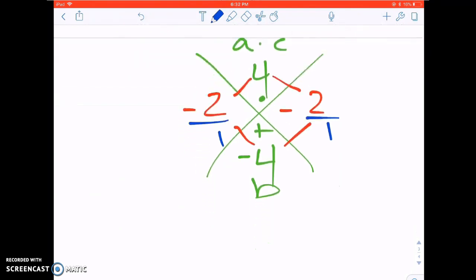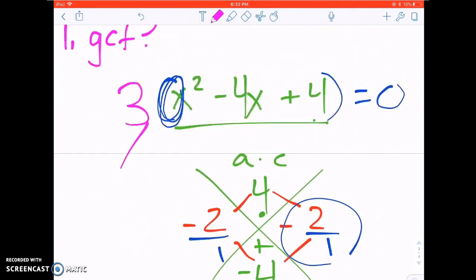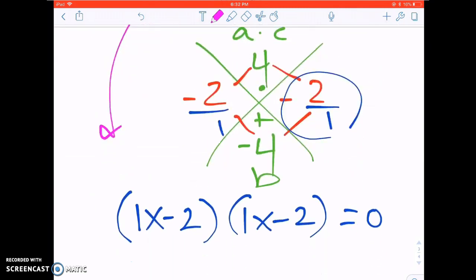And so our solutions here are going to be, bottom to top, 1x minus 2. And over here, in the second one, also 1x minus 2 equals 0. And don't forget, you guys, we pulled out a 3, so that 3 is still sitting in front.